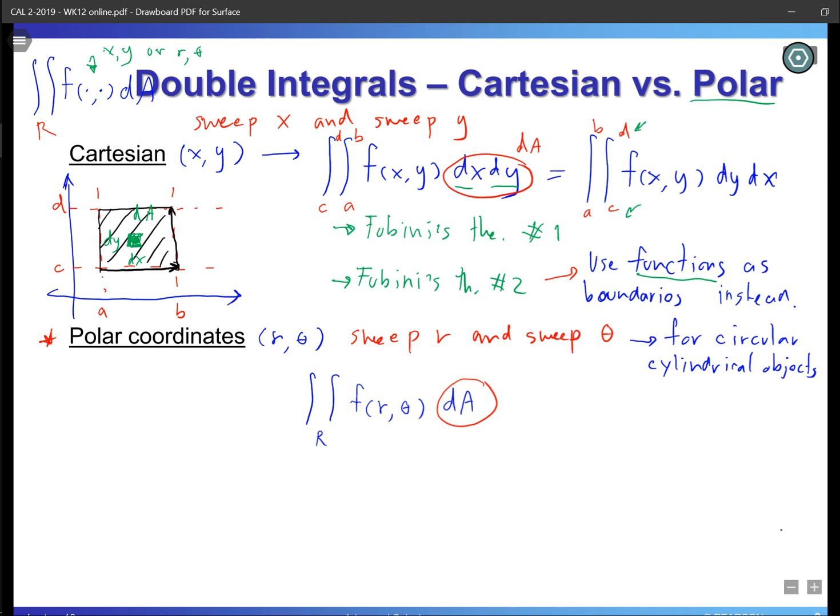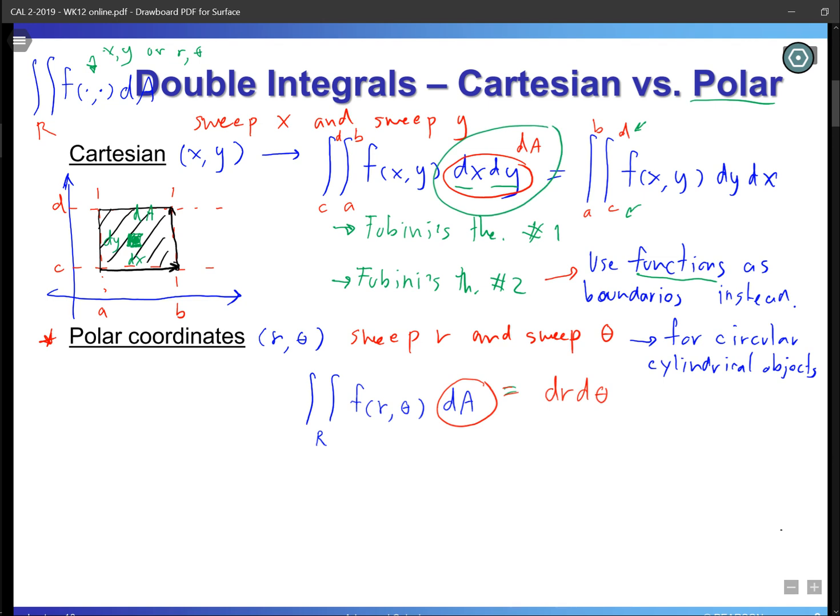Just like up here, dA becomes dx dy. And many of you might say, hey, dA is supposed to be dr d theta, because up here in the slide you have dA equal to dx dy, and now we move to r and theta.